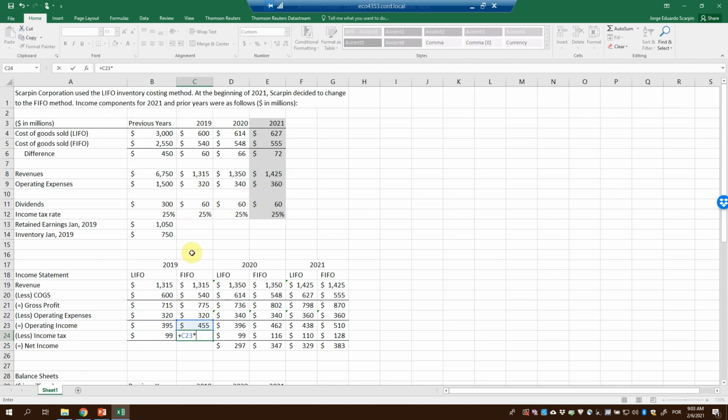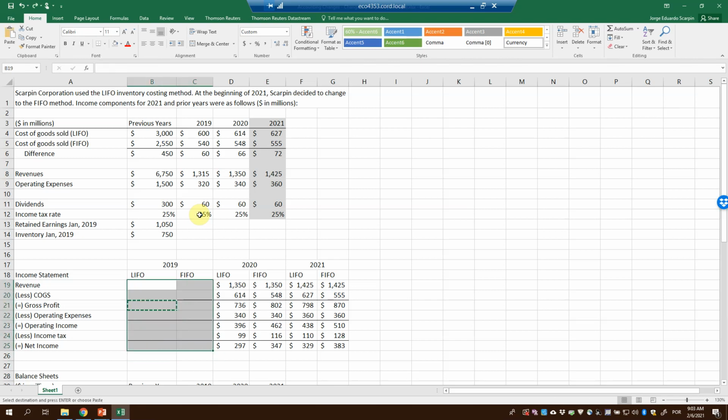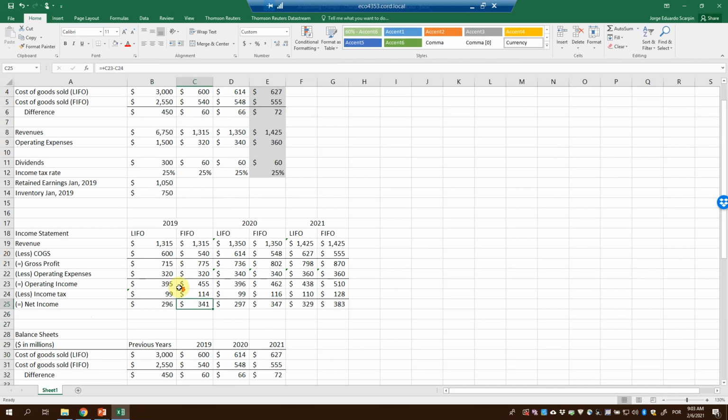Operating income times 25. And net income, operating income less income tax. Yeah, very good. And here I am rounding our numbers, okay? Only to make it easier.